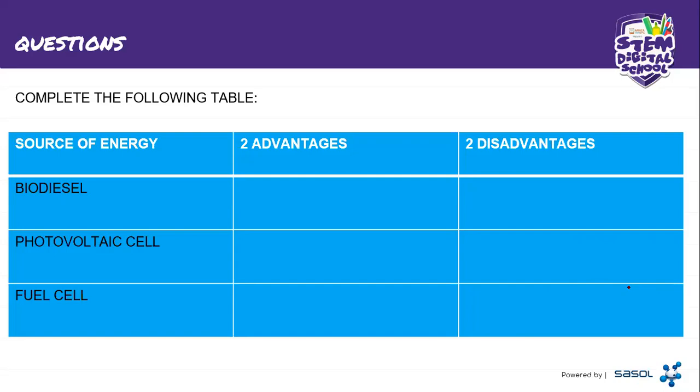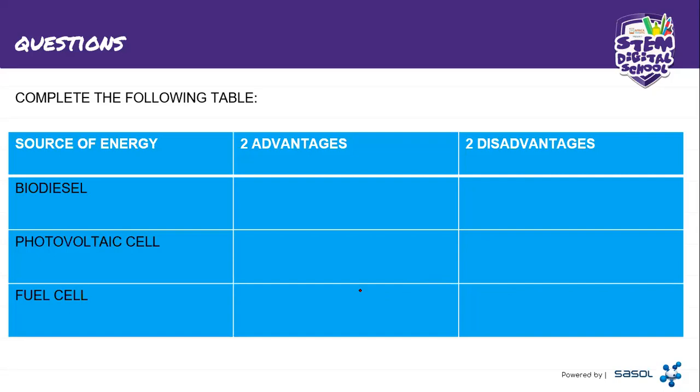So less solar energy converted to less electrical energy. And I also told you that it is expensive to manufacture. So those are the two disadvantages.